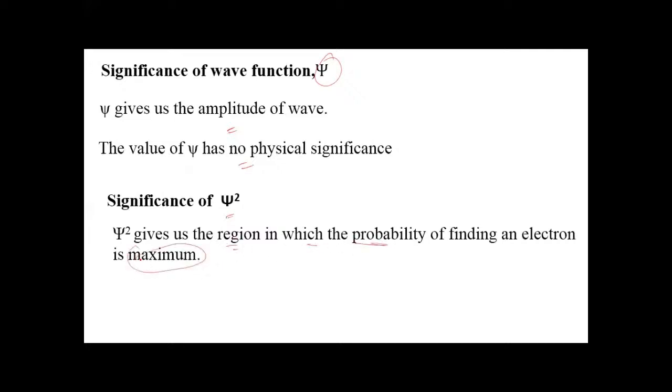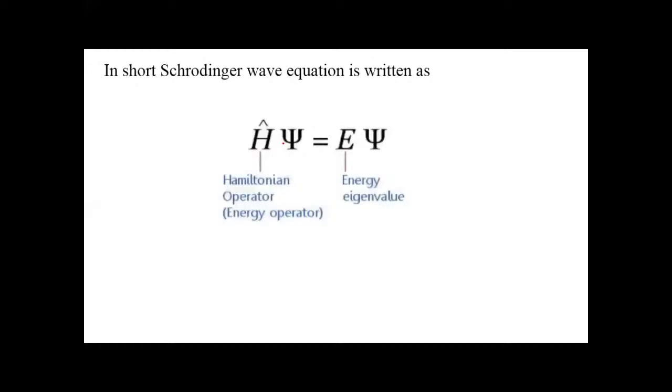It is also known as probability density. In short, the Schrodinger wave equation is written as H psi is equal to E psi. Here H is the Hamiltonian operator, that is an energy operator, whereas E is energy, that is an eigenvalue. Here psi is the wave function.